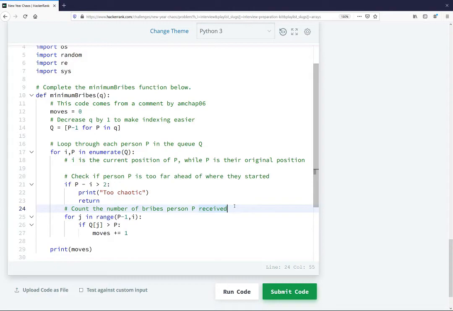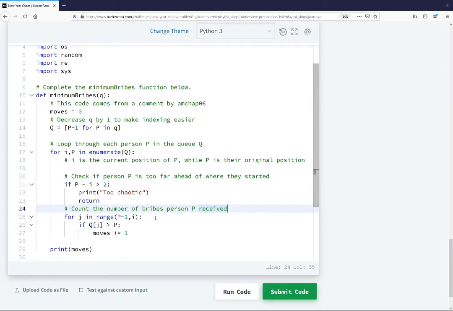Now there is a difficulty here. Remember we decreased Q by 1 to make indexing easier, so the indexing starts at 0 now.